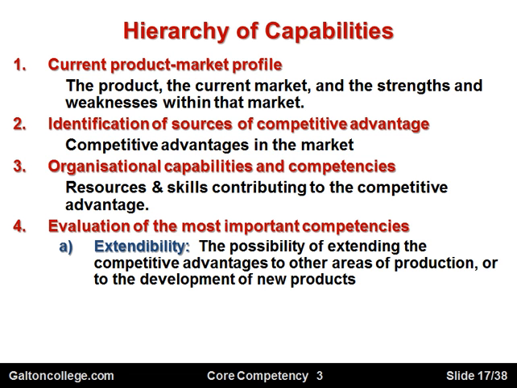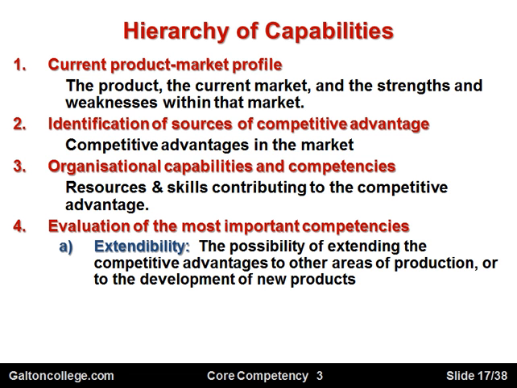Evaluate the most important competencies. Well, here we've got extendability. The possibility of extending the competitive advantage to other areas of production or to the development of new products. If a business has got advantages, core competencies, over other businesses, looking at what those skills, those competencies, those talents are, could they be extended to develop similar products or other products using the same type of skills?